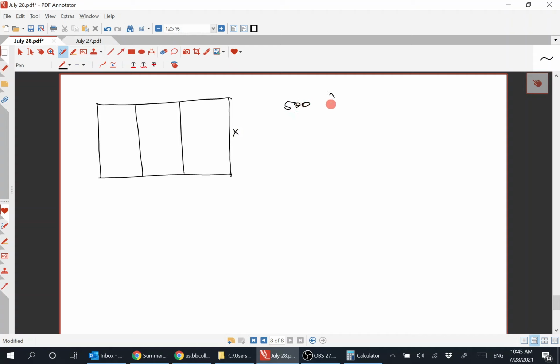So 500 feet of fencing material is used to create a rectangular pen in the shape shown, with 3 compartments.